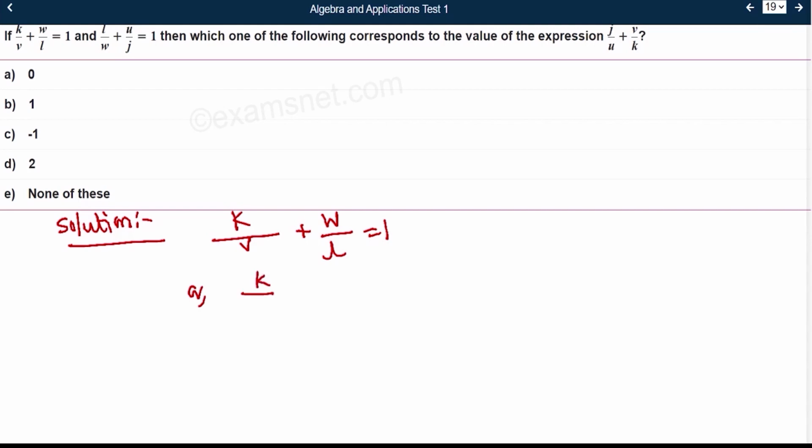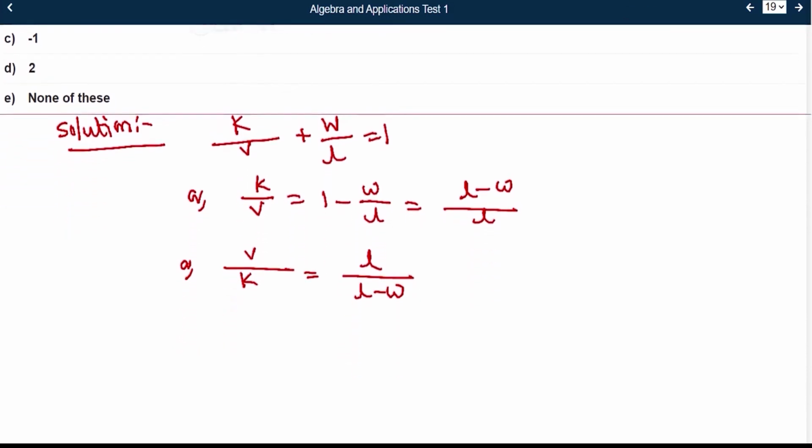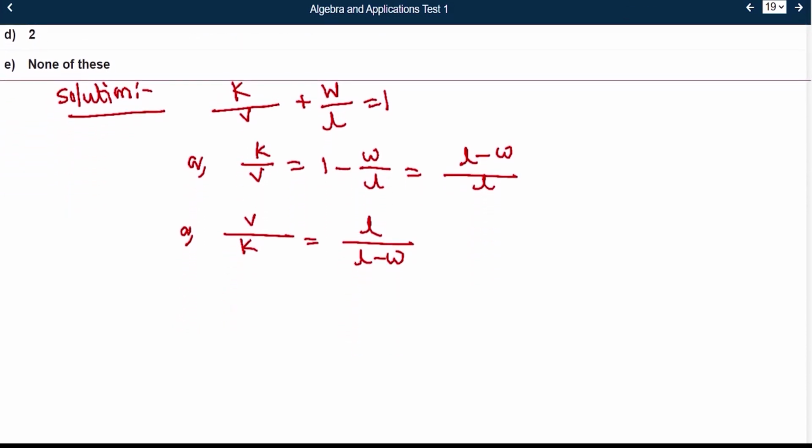Let's try. k by v equals 1 minus w by l, that means l minus w by l, right? Now let's do the reciprocal. It becomes v by k equals l by l minus w. So we have already got the value of v by k in terms of l and w.